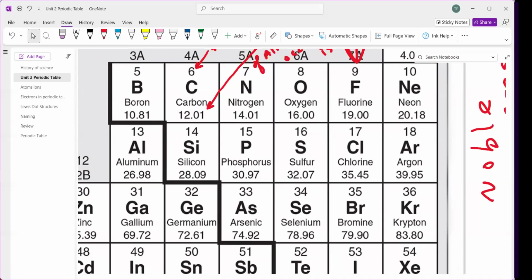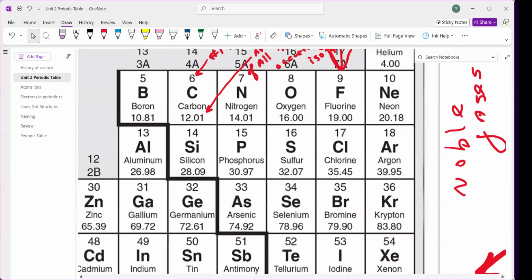So frequently, when they make body part replacements, they don't use carbon, they use what? Silicone, because silicon is underneath carbon, so it has the same chemical characteristics as carbon. That's why silicone is used. So anyway, that's what's kind of cool about groups, chemical groups.